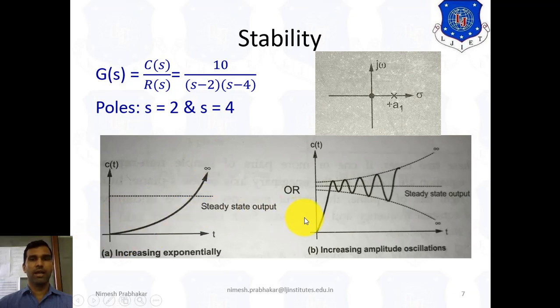The behavior of this system is that at the start there is some oscillation or change, but it cannot return to its steady state value. So we can say this system is unstable because its variable variation does not come to a steady state.